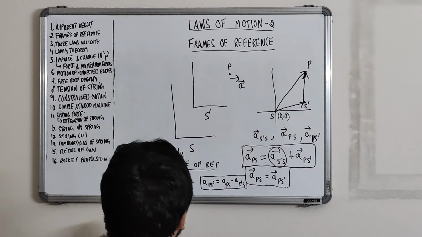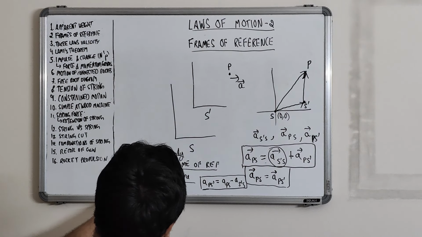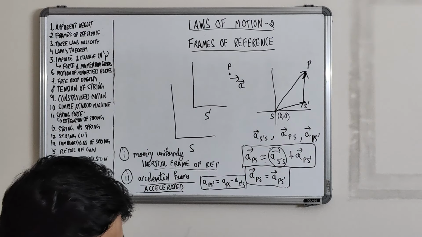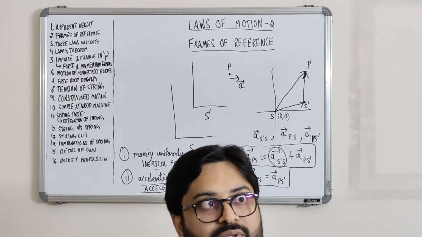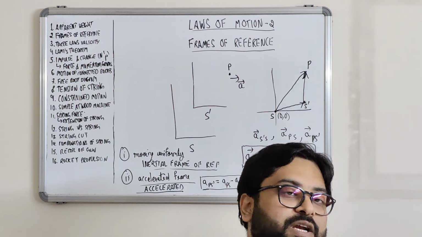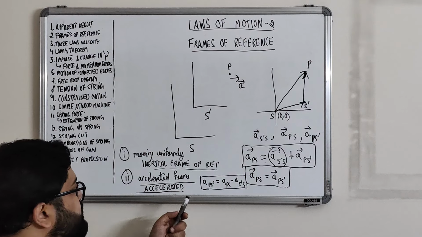So this proves that in an accelerated frame of reference we will have different values. There's more detail to this, but I'm not going to go into it because a variety of people will be watching this. You can use this to prove it, but it's not needed.